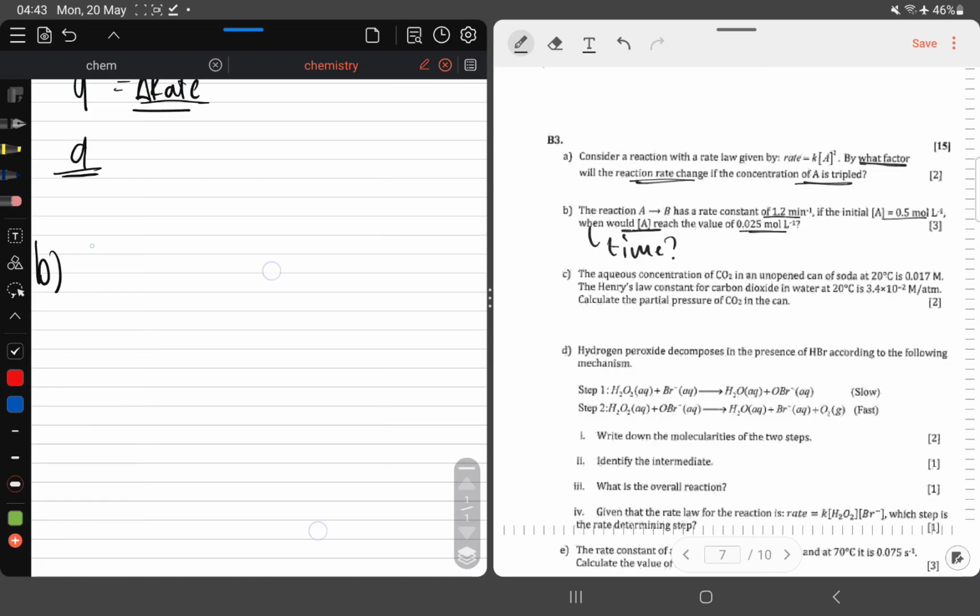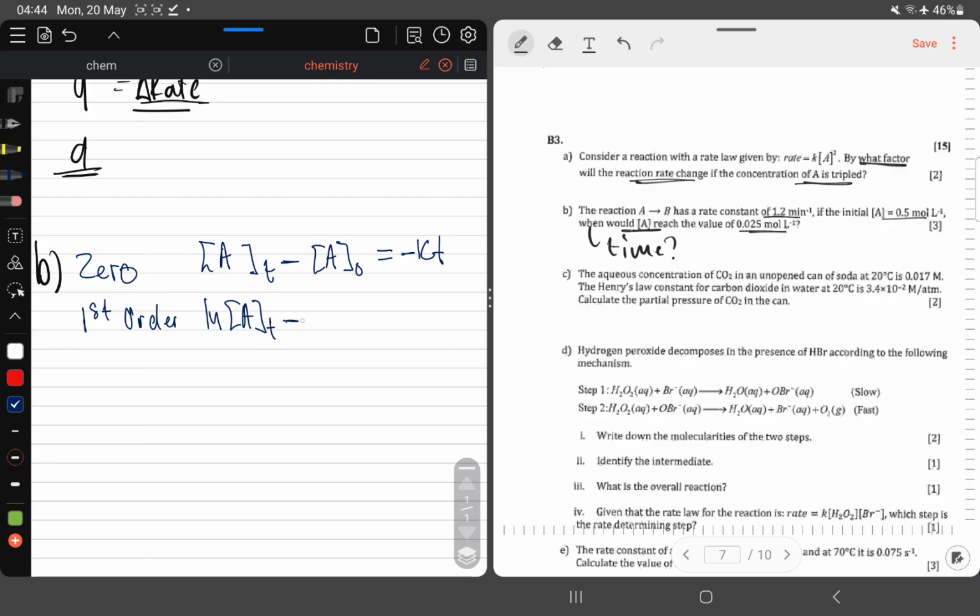So remember my integrated rate laws, I have 3 of them. For zero order, the concentration of A at some time t minus the initial concentration is equal to negative kt. For first order, we say ln of the concentration of A at some time t minus ln of the initial concentration of A is equal to negative kt again.